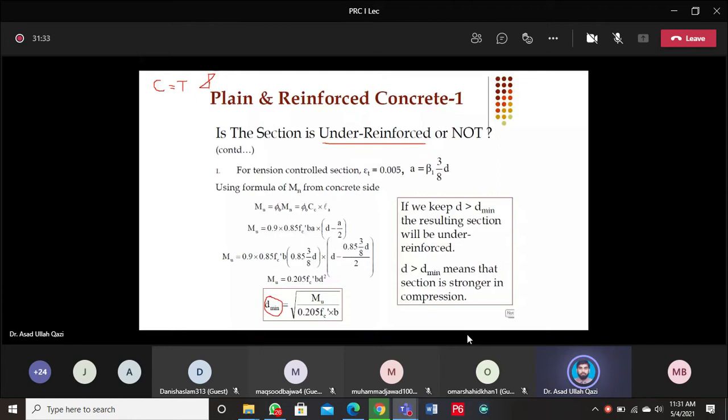So this useful expression which we are going to derive will be helpful in designing the cross sections, and while making the design, the first step always is to proportion the cross section, to fix the width and gross h, and then out of that h, subtracting the cover, you will get the effective depth. So which h will you select?